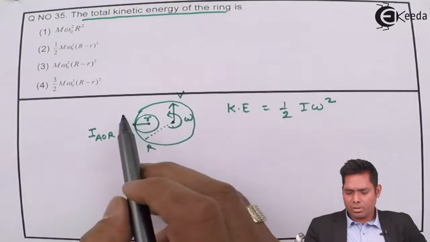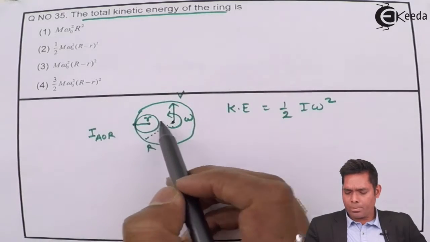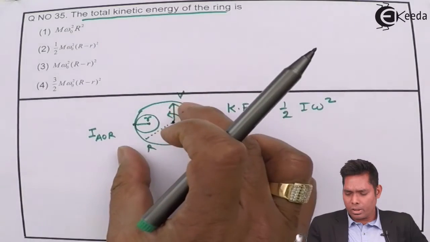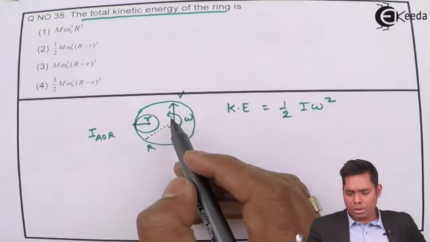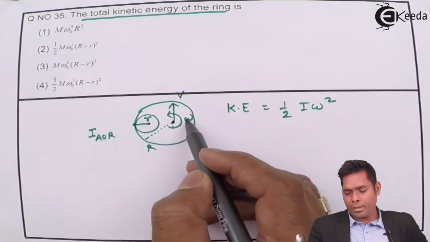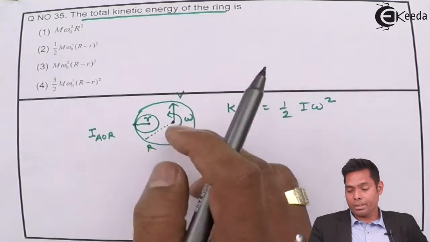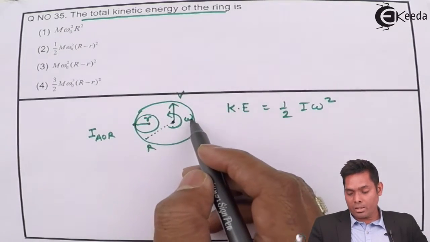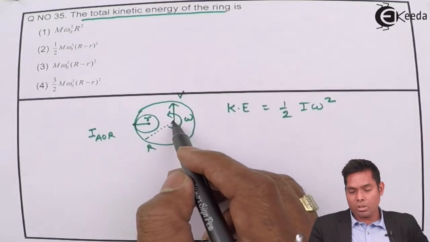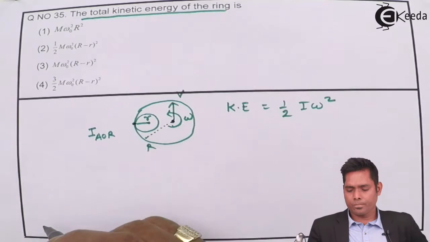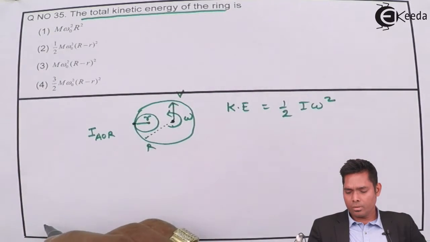So about this point, this whole ring is rotating, suppose with a velocity v at the center, and the angular speed is omega. So omega is the angular speed of the center of mass of the ring with respect to this point.